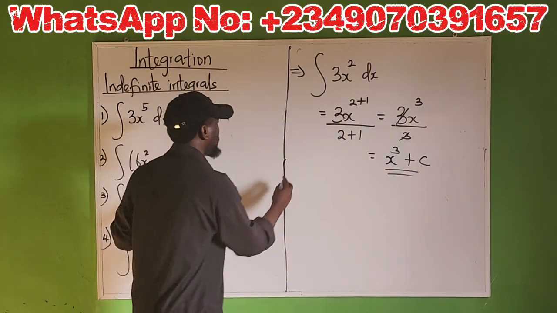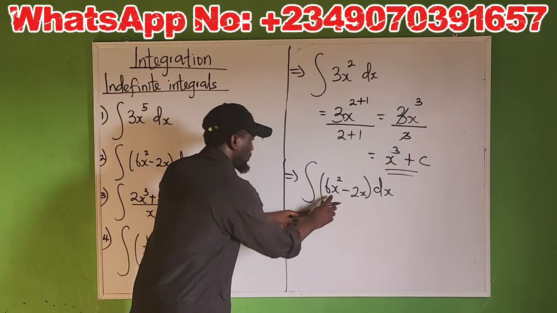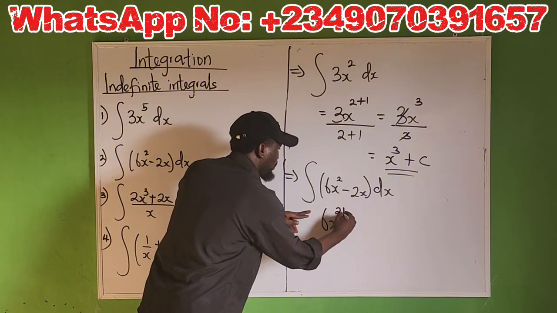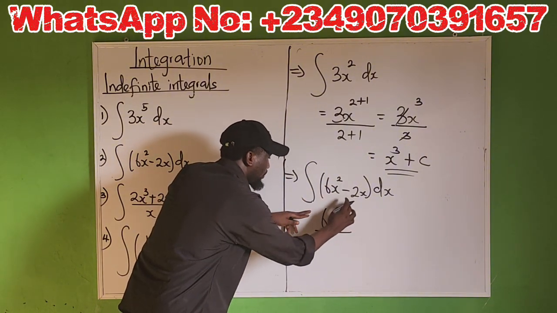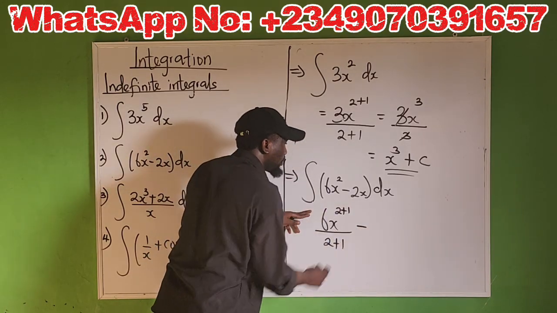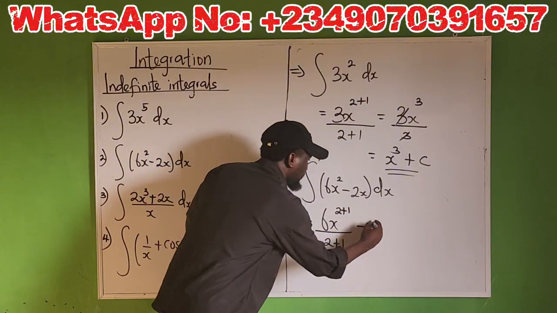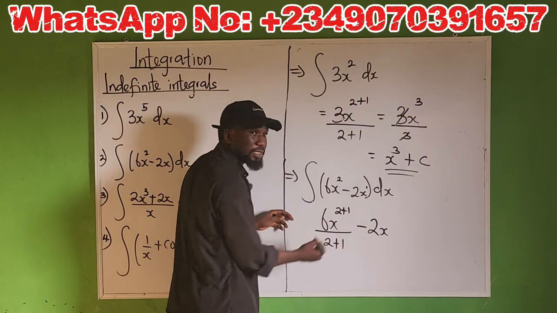So the next one we have, like we did earlier, pick this now. This is going to give us 6x raised to power 2 plus 1 divided by the power here, that is 2 plus 1, then minus 2x. For this 2x, note that the index here is 1. It's invisible, it is 1.